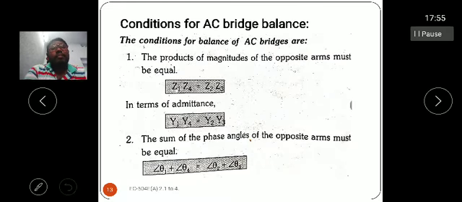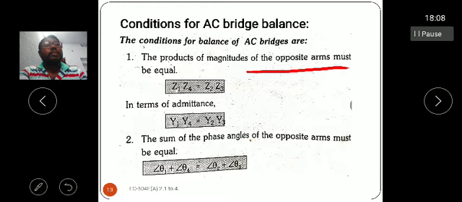Here the condition for balance of the AC bridges: the product of magnitudes of the opposite arms must be equal. That means Z1 Z4 is equal to Z2 Z3.